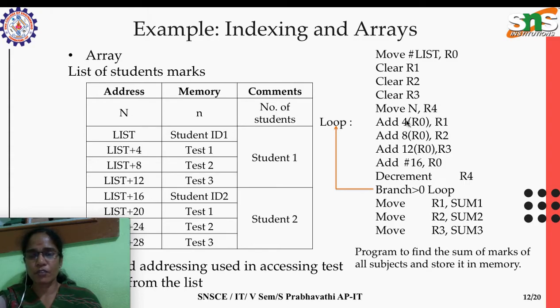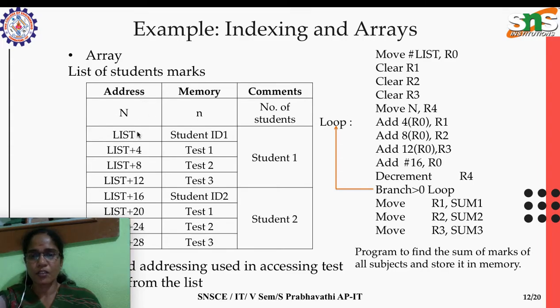What we need to do is add these values, only the test marks. So add 4 R0 comma R1. What does it mean? What's the value of R0? R0 is this one, list.